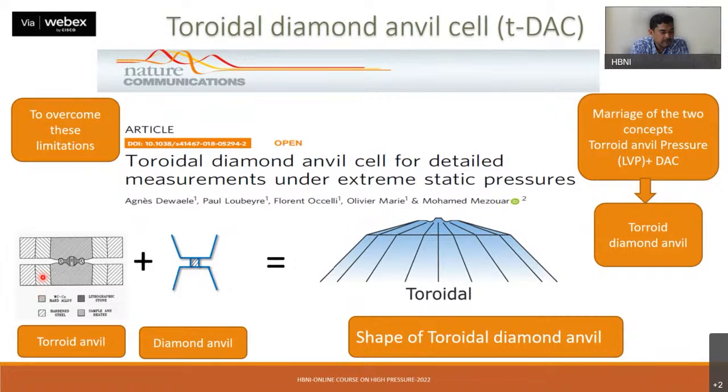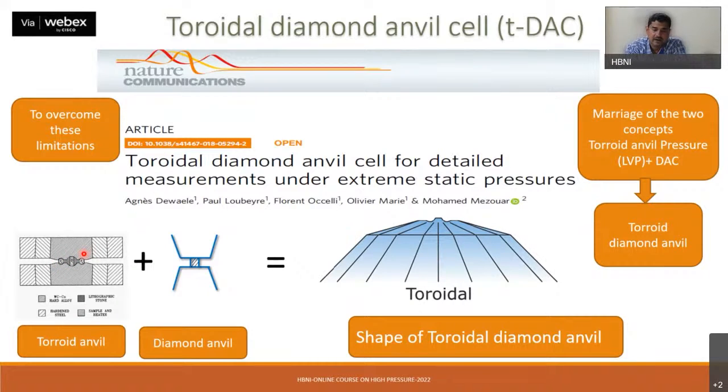So this is a typical toroid anvil which is used in large volume presses. You see here the toroid type of gasket. In the center you have the sample, and there are two locking points here. In the toroid anvil, the gasket stays intact, and gasket failure is avoided because of this special toroidal shape.